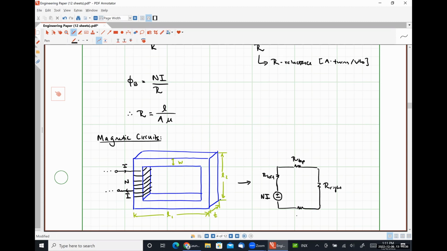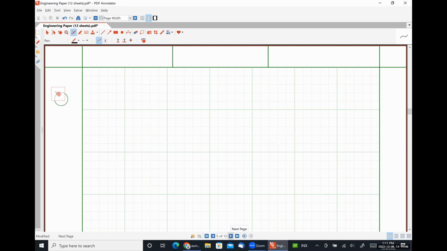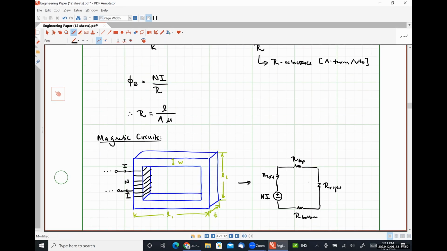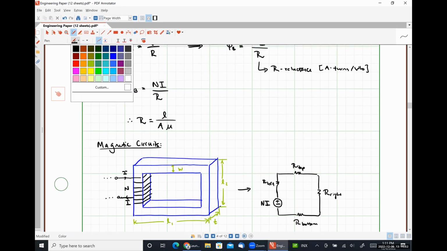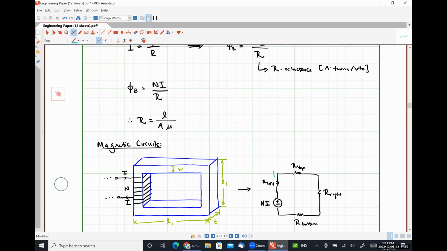And here is our bottom. So, just to be on the safe side, let's define a couple of things here. Our flux is going to be traveling around the core in this direction.